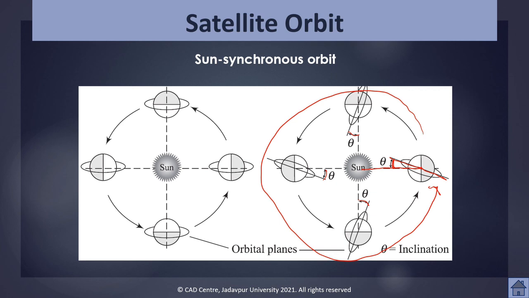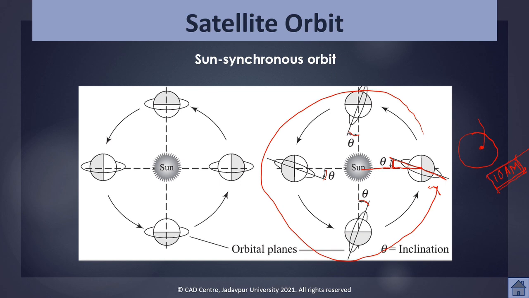That means, for example, the satellite is passing over a specific geographic location at 10 a.m. local sun time. Then every time it passes this location, it will maintain this constant local sun time.